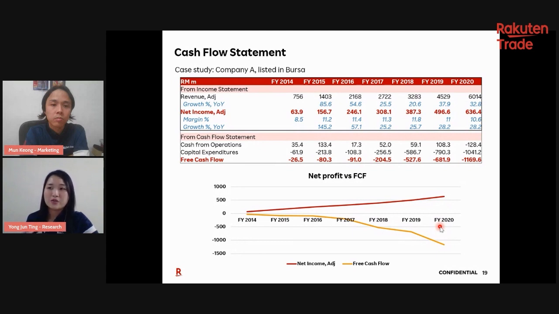A company with a very high net profit doesn't mean the company has a very high operating cash flow. Okay? So that's why it's very important for you to study the company's cash flow. And this is an oil and gas company in Bursa Malaysia, which had an audit issue this year. Yeah, so it's a very interesting case study.